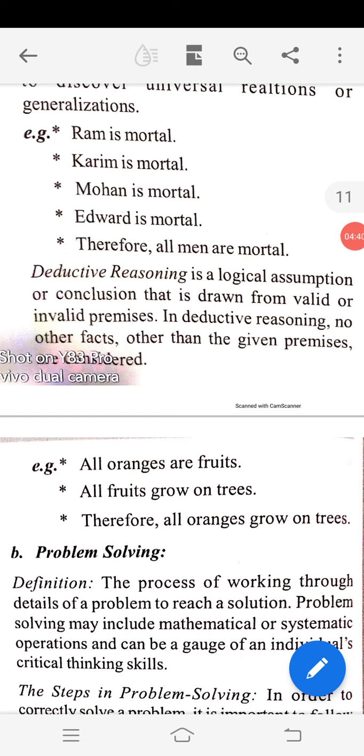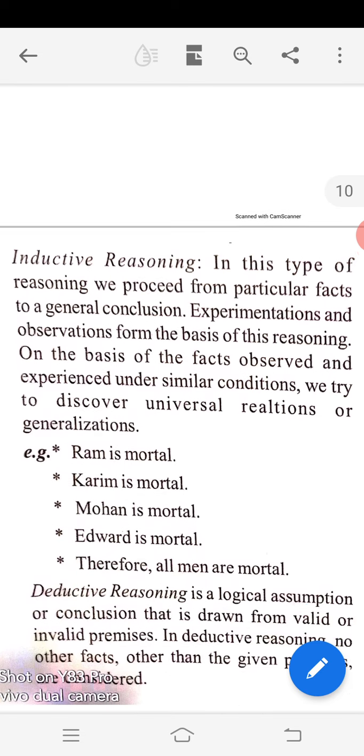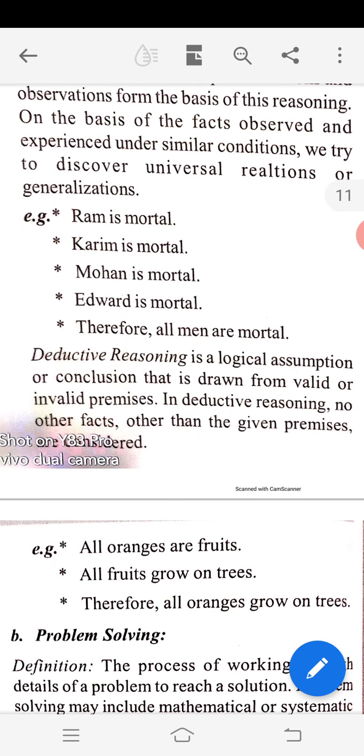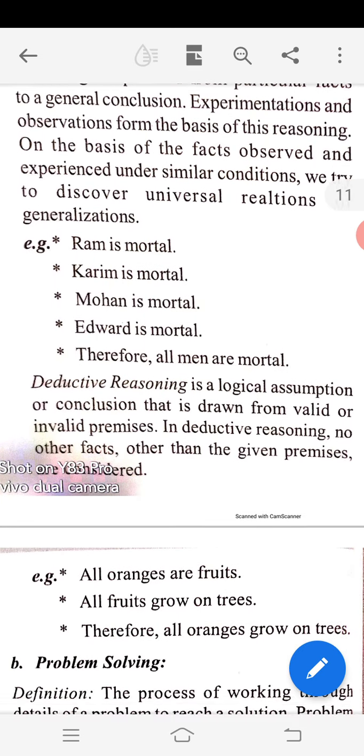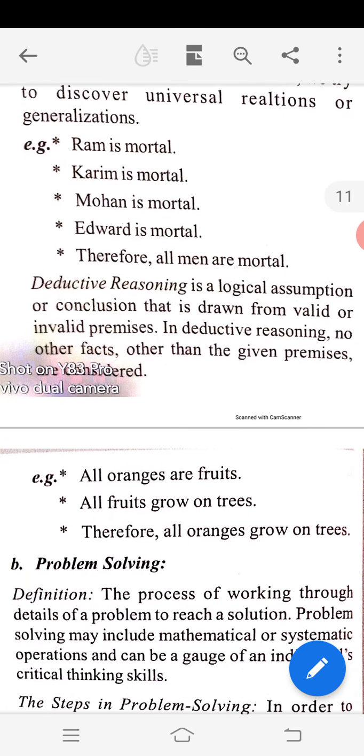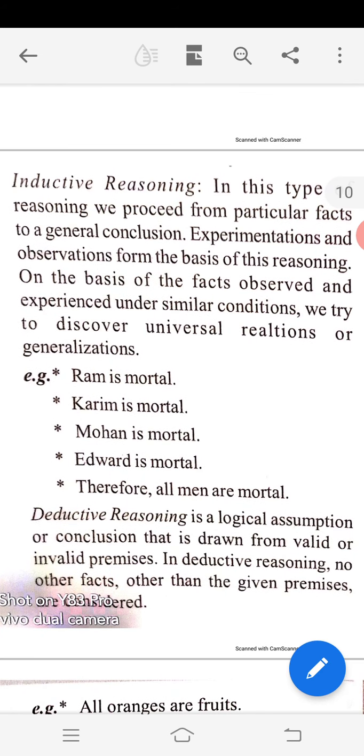It works from the more general to the more specific, and that is deductive reasoning. Deductive reasoning occurs from the more general to the more specific, but inductive reasoning occurs from the more specific to the general.